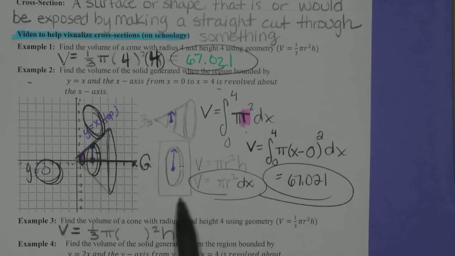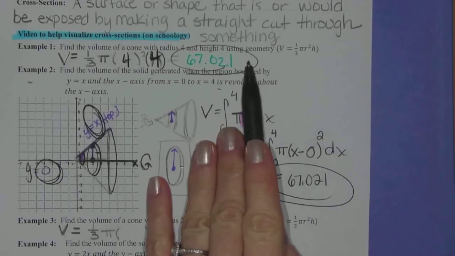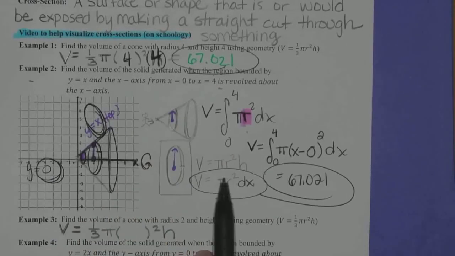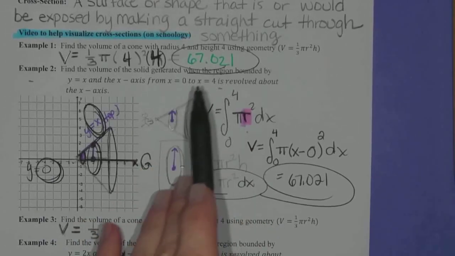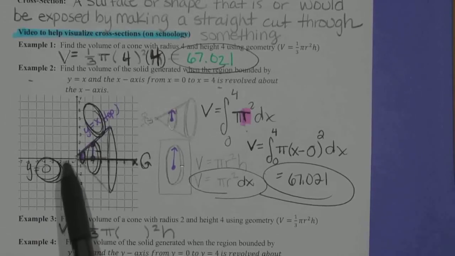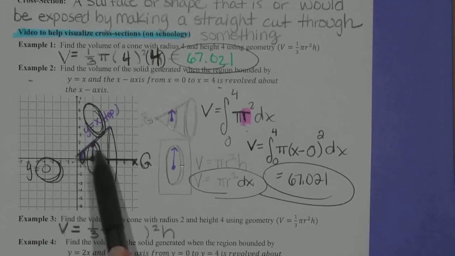Totally different method than geometry. This is what separates calculus from the rest of mathematical studies. Calculus is going to enable us to find volume of three-dimensional figures that geometry could not.